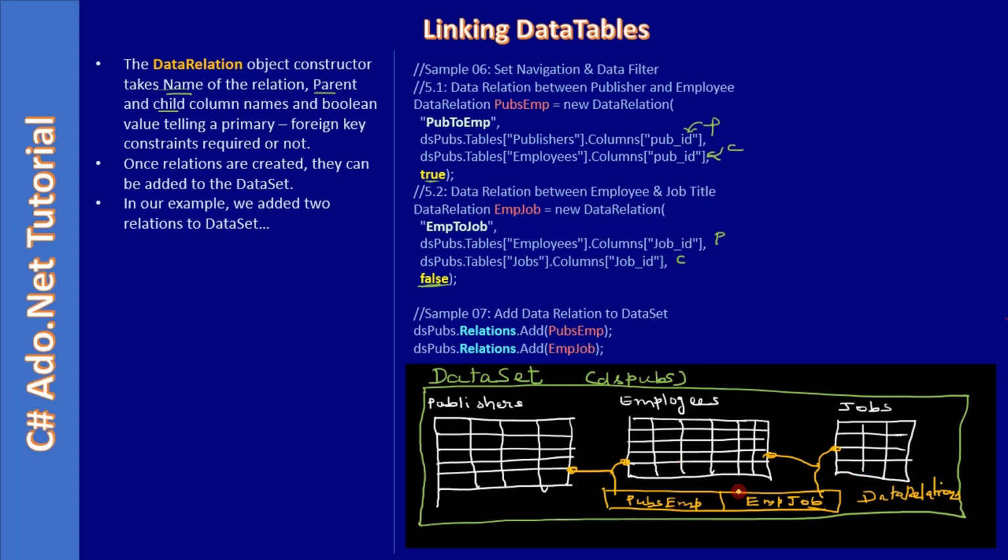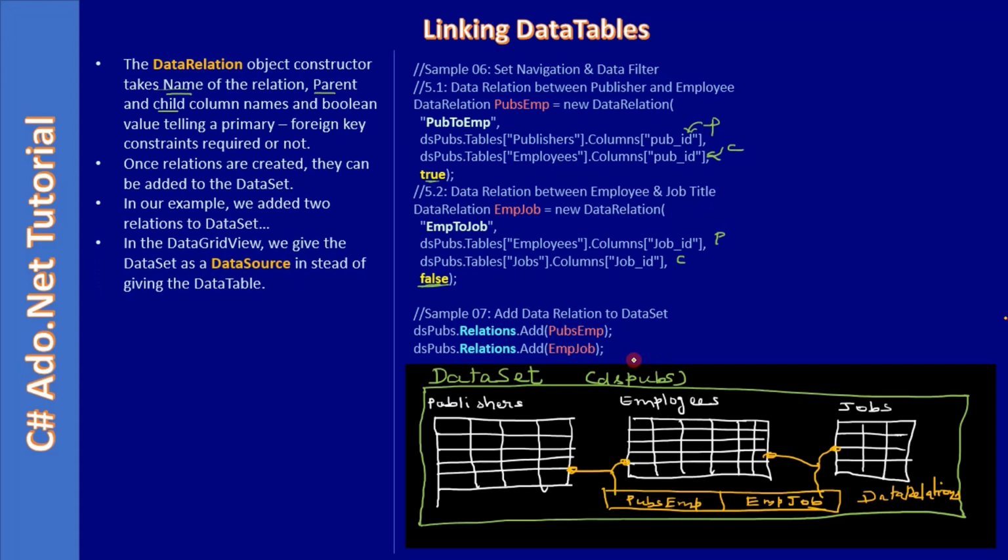So now if you see, the dataset contains three data tables, two data relations, and these data relations know how to link two tables. Pubsemp links publisher and employee. The emp job data relation links employees and jobs. Since the relation is a collection, you can add multiple relations within your dataset object.